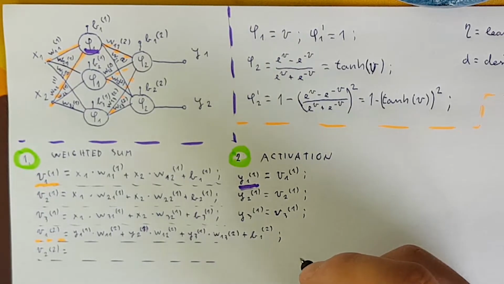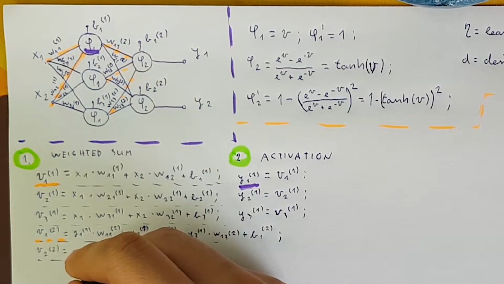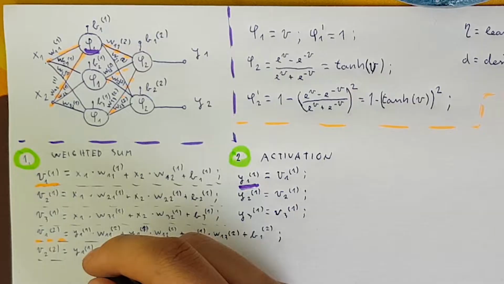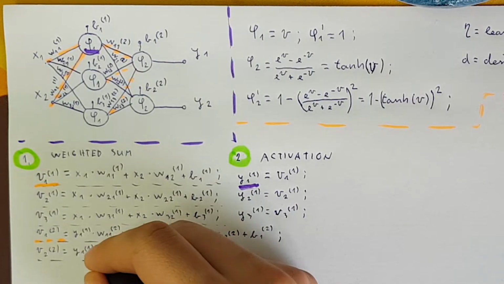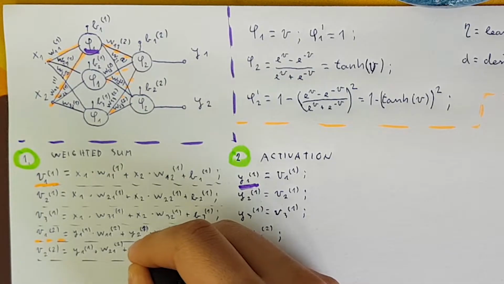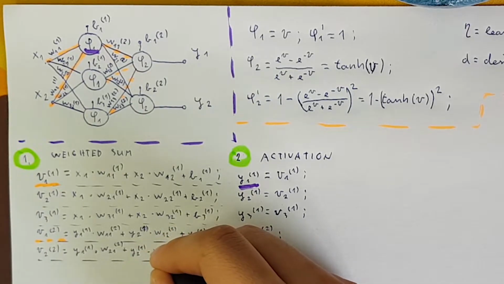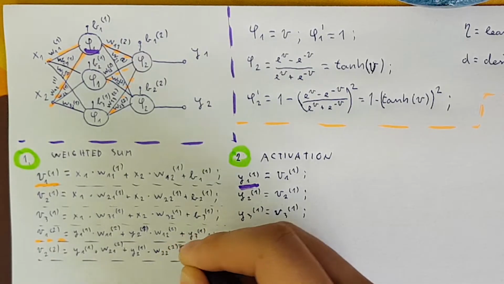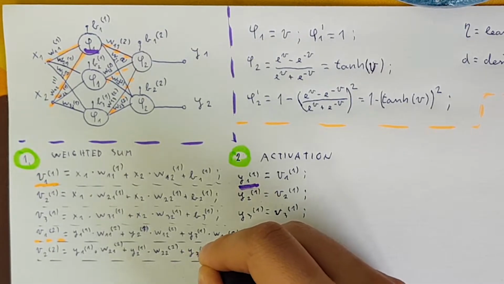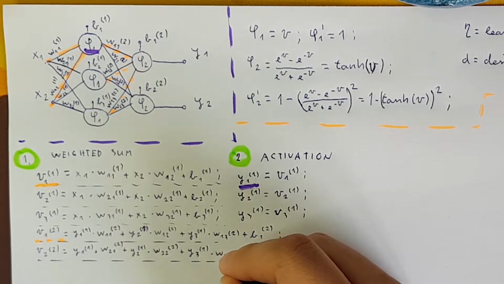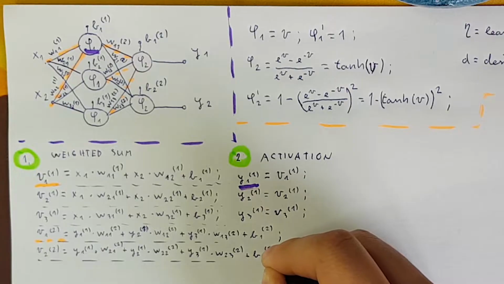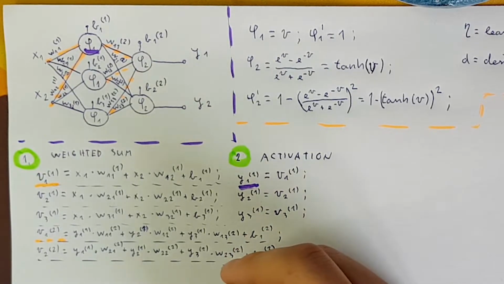Okay, and the same is for our other neuron. So we get y1 of the first layer multiplied by W21 of the second layer, added y2 of the first layer multiplied by W22 of the second layer, added y3 of the first layer multiplied by W23 of the second layer, and added b2 of the second layer.